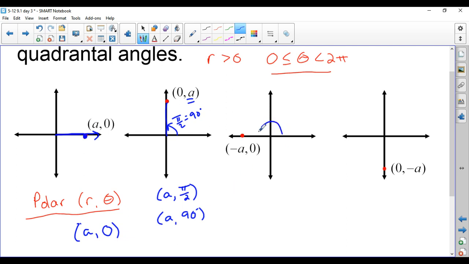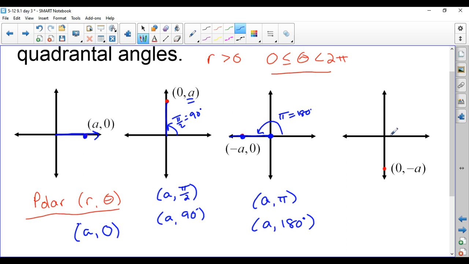Here, I'm going to rotate around to this terminal side to get to this point. So that's pi radians or 180 degrees. And the distance from the origin out to negative a, 0, the distance is the absolute value of negative a, which is a. So this is a, pi, or in degrees, it's a, 180 degrees.